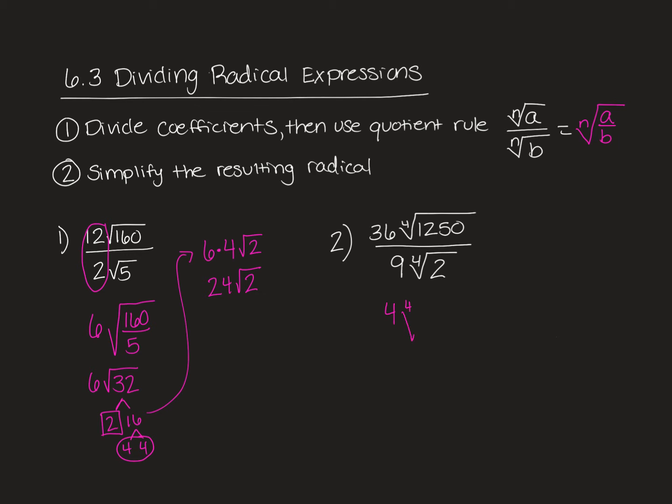And then you can divide the insides. So 1250 divided by 2. Well, that's going to give you 625. 625 is actually a perfect fourth of 5. So you will end up with 4 times 5, or 20.